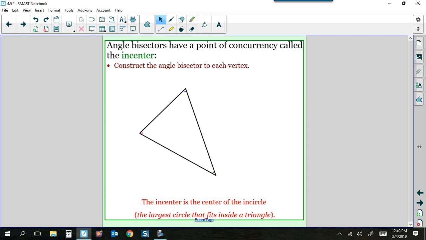So we're going to follow the construction of an angle bisector. So you guys have a triangle at the bottom of your page, and we're going to construct the incenter. The incenter is the point of concurrency where all 3 angle bisectors intersect. So with your compass, you are going to find the angle bisectors of each angle. So if you remember to do this, you are going to place your compass on one vertex.